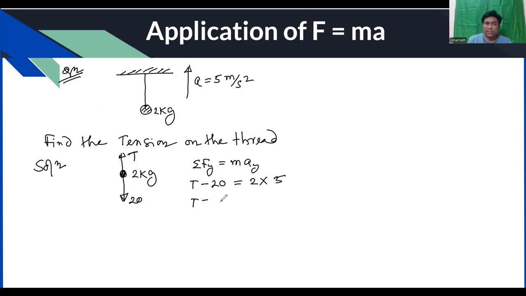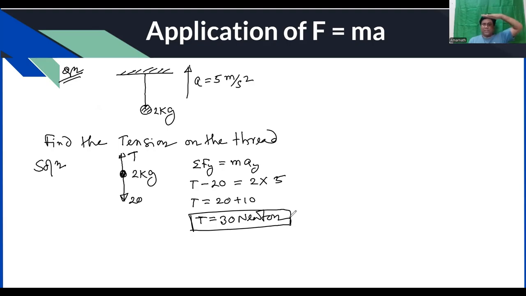So tension equals 20 plus 10, which is nothing but 30 Newton. So this time the tension on the thread is 30 Newton. But if the lift was stationary, if the support from the ceiling from where the object is suspended is stationary, then of course tension will be only 20.